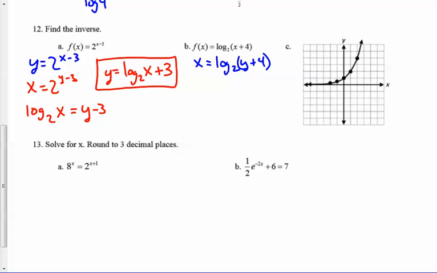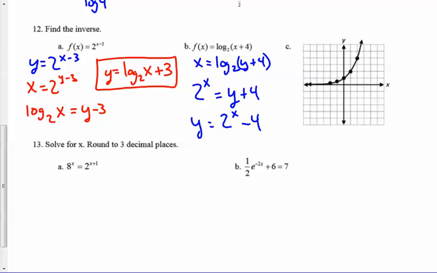And then I will rewrite that in exponential form. Exponential form has 2 to the x equals y plus 4. And then I'll solve for y. So y equals 2 to the x minus 4.